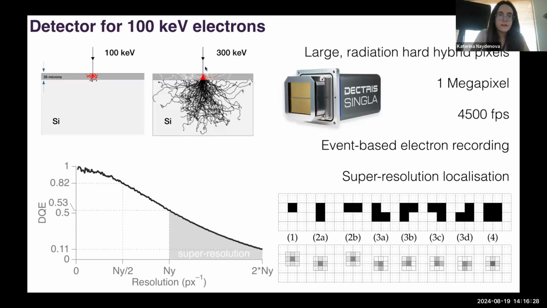If we look at the path of the 300 keV electron in a piece of silicon, all these different squiggly lines are just the simulated possible trajectories of the electron through this material. The electron needs to scatter through a couple hundred microns of the material until it loses all of its energy. That would be problematic, right? Because then all these tracks spread over a large area.